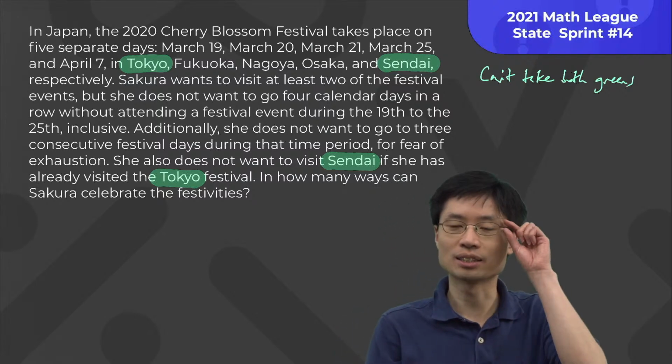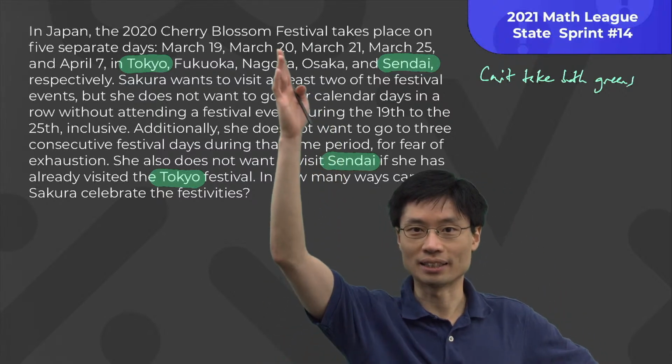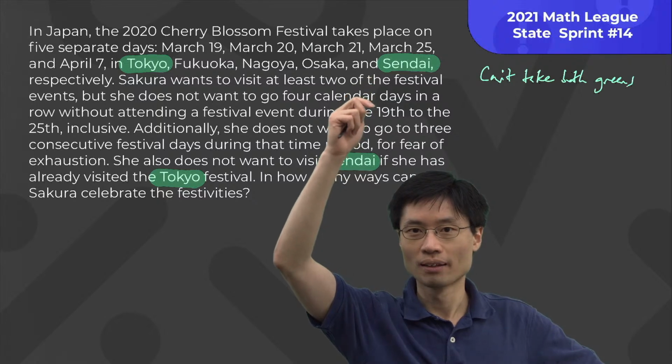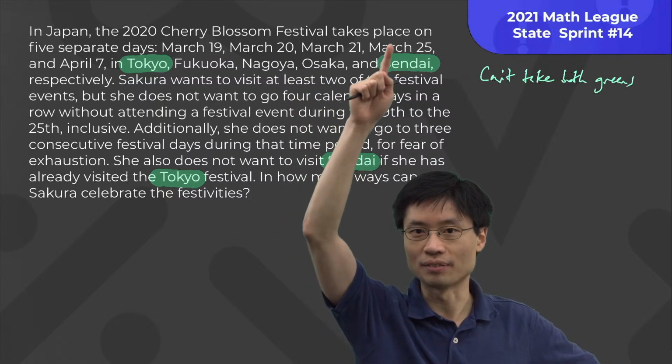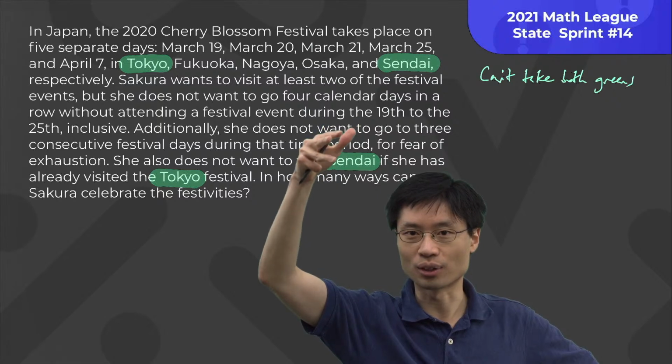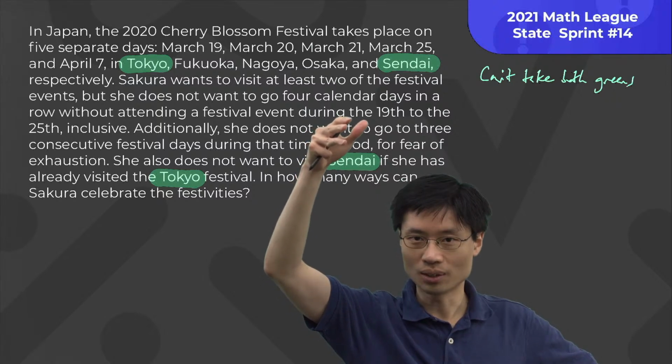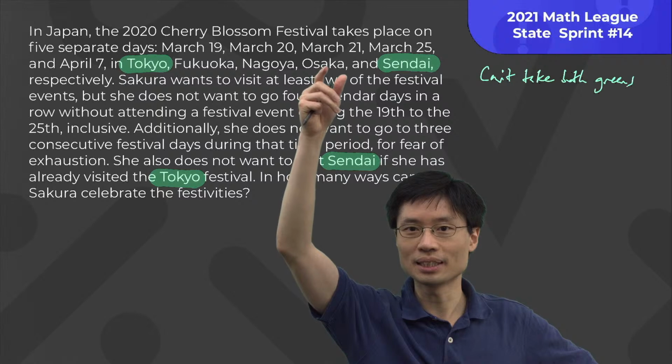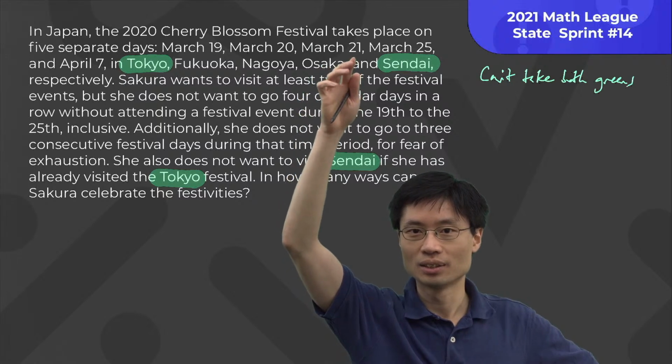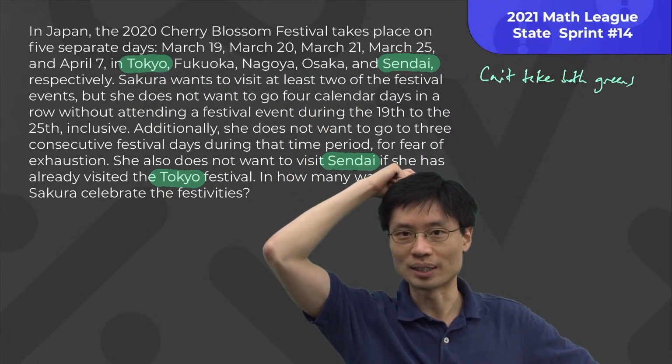How could you go 4 days in a row without attending? I'm just looking at this and I'm being like, well, if you have the 20th and 25th, there's the 21st, 22nd, 23rd, 24th in between. Okay. So what I'm seeing here is that you don't want to go 4 days in a row without attending.